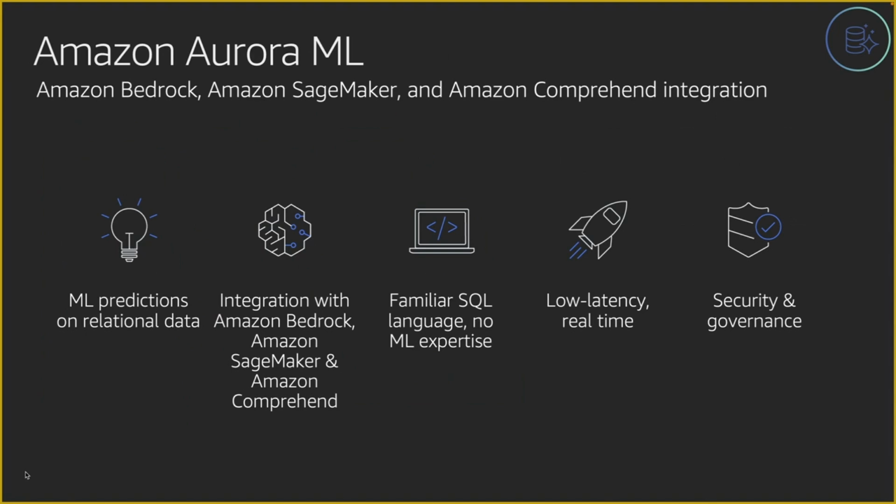This demo will talk about just Bedrock, but you can interact with these tools all with familiar SQL. It gives you a great capability of creating machine learning applications with familiar SQL, making it very quick and easy, and all integrated with the security and governance that you'd expect from an AWS service.